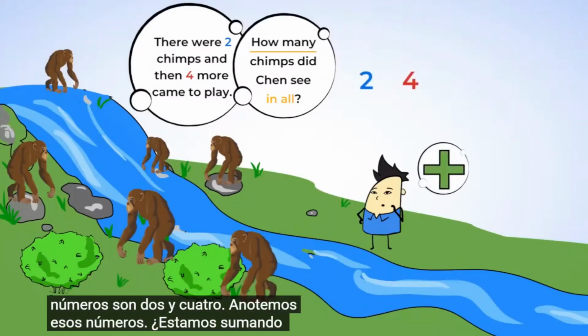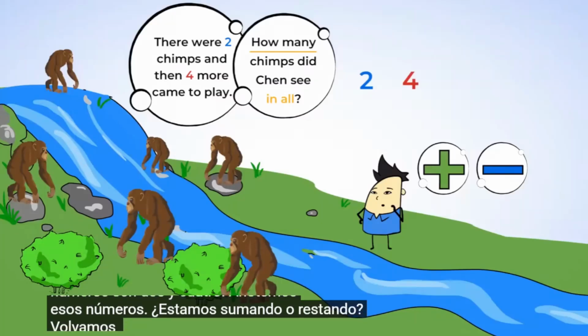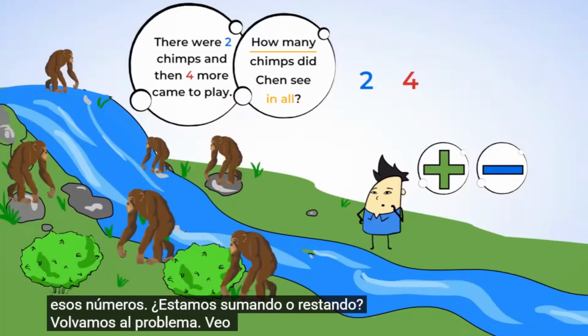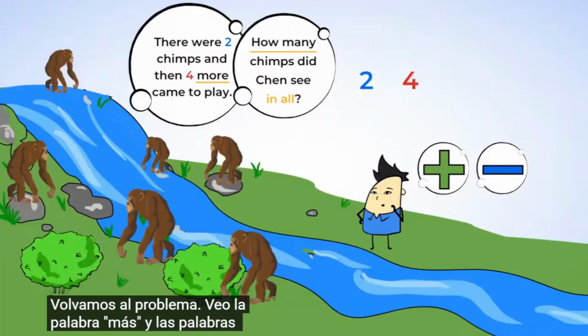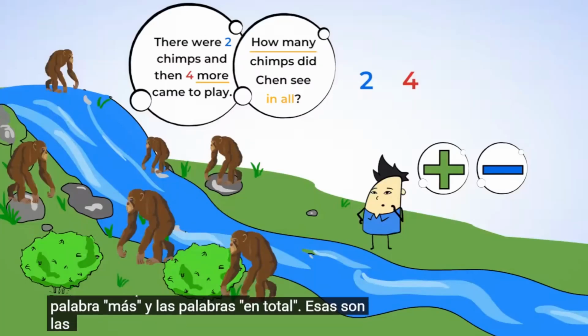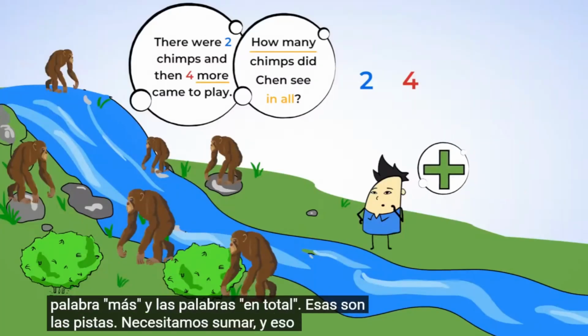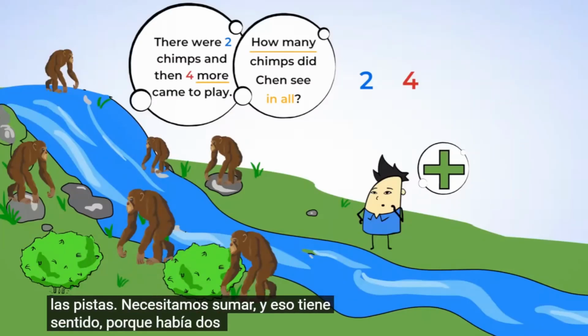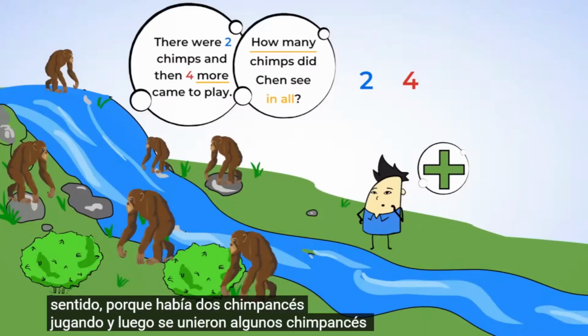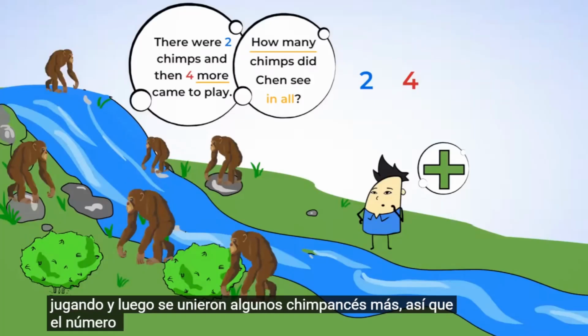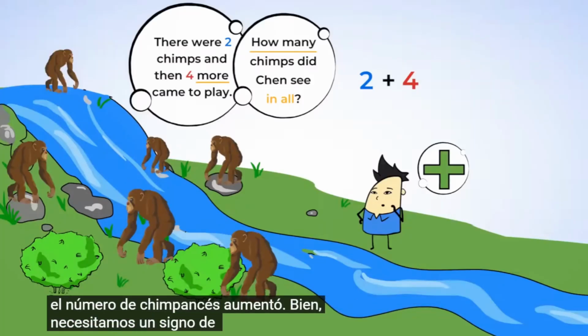Are we adding or subtracting? Let's go back to the problem. I see the word more and the words in all. Those are the clues we need to add. And that makes sense, because there were 2 chimps playing, and then some more chimps joined, so the number of chimps got bigger. Okay, so we need a plus sign here.